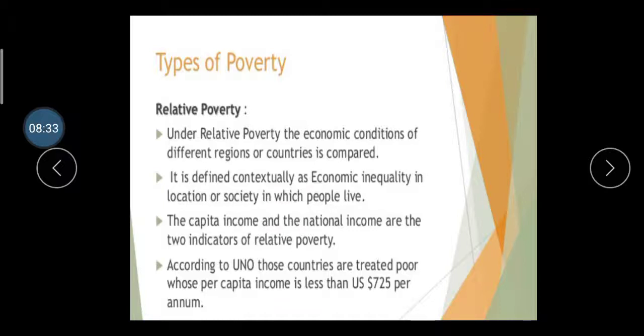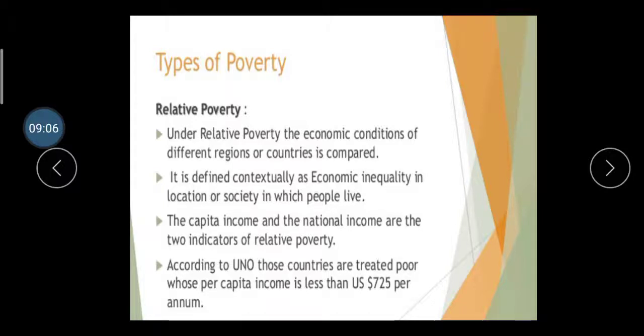So per capita income and national income are the two indicators of relative poverty. If the per capita income is lesser and your national income is lesser, then you can identify that our country will be considered a poor country. Then according to UNO, the United Nations Organization, those countries are treated as poor whose per capita income is less than 725 US dollars per annum.